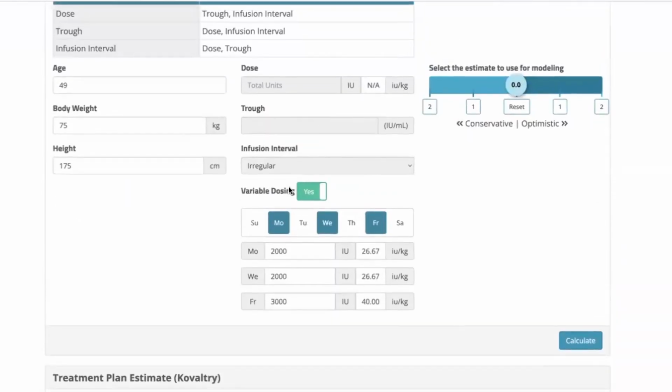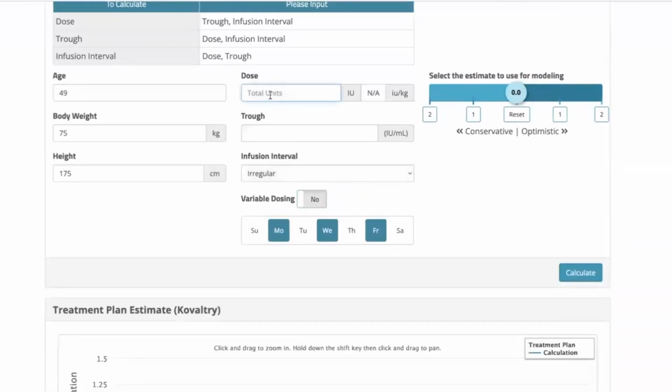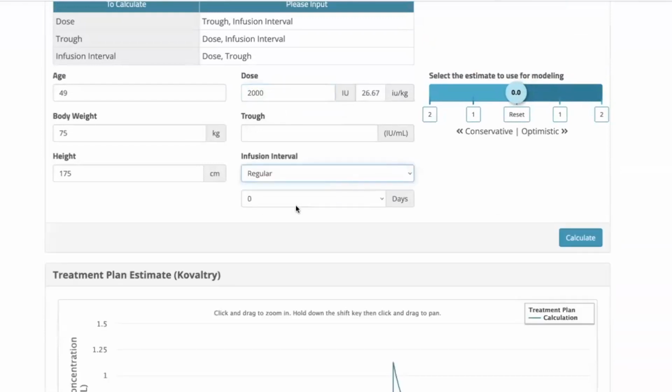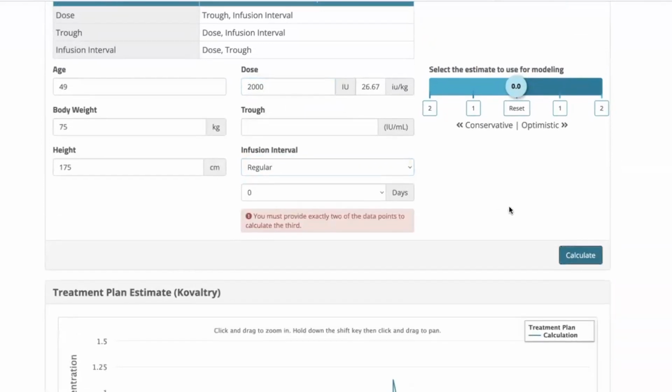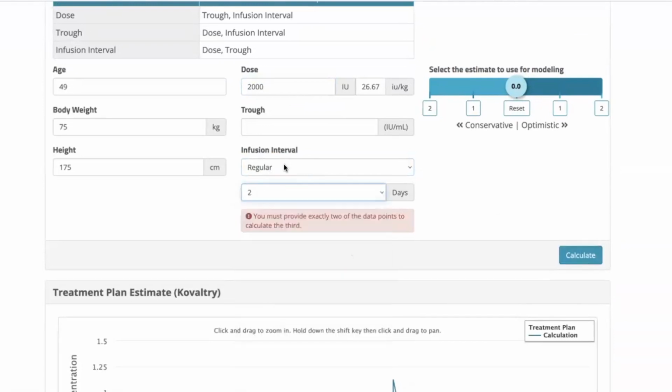Let's try another change. For example, we say, you know what? I'm giving you 2,000 units, but I'm treating you every other day. Sorry, I have to say every other day, so regular every other day.